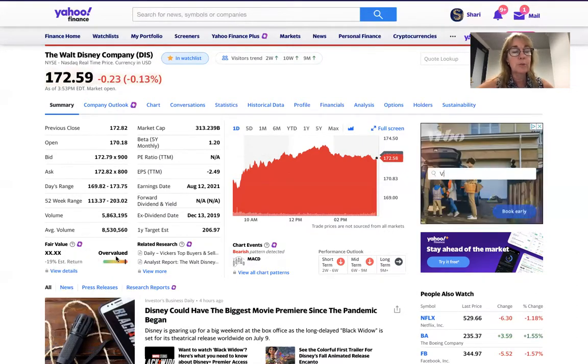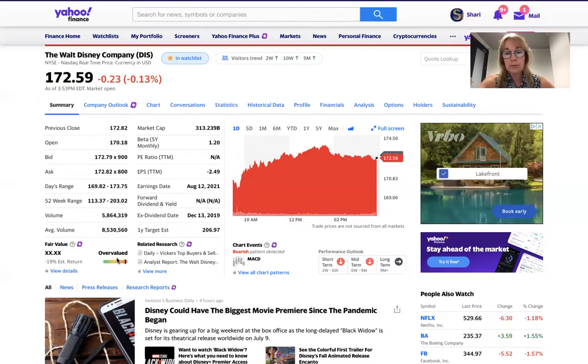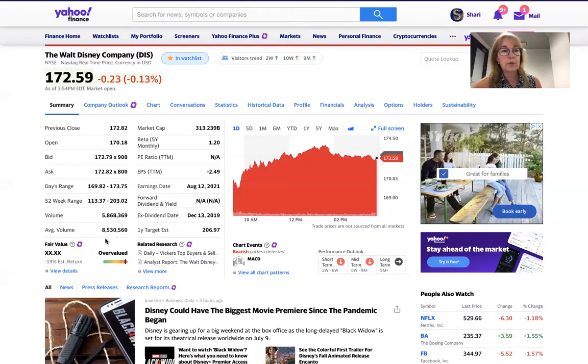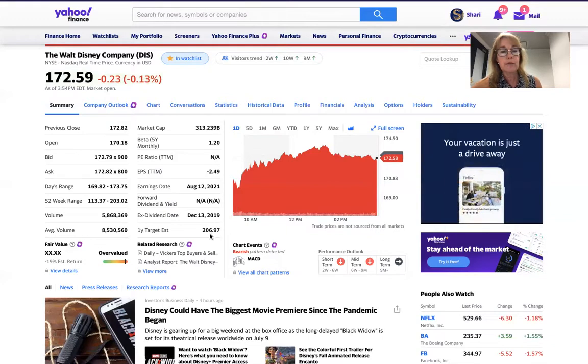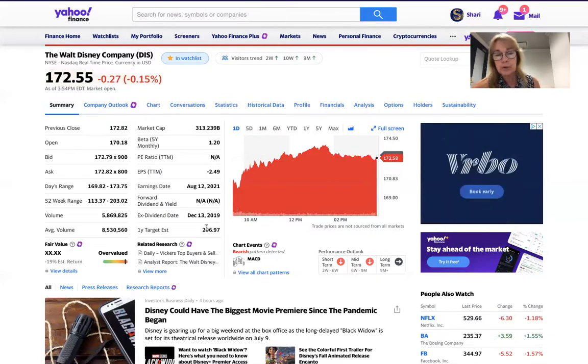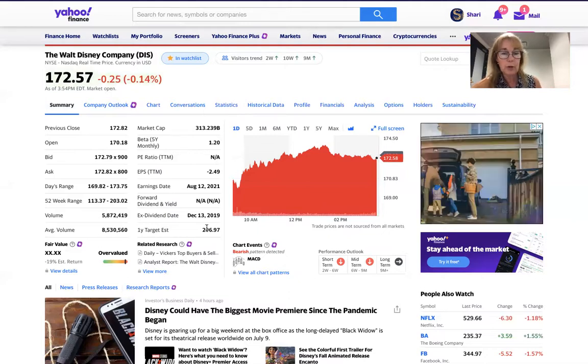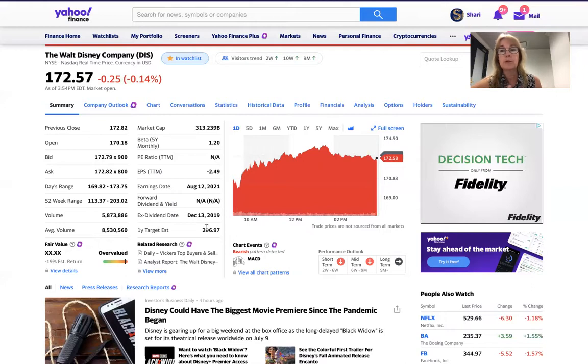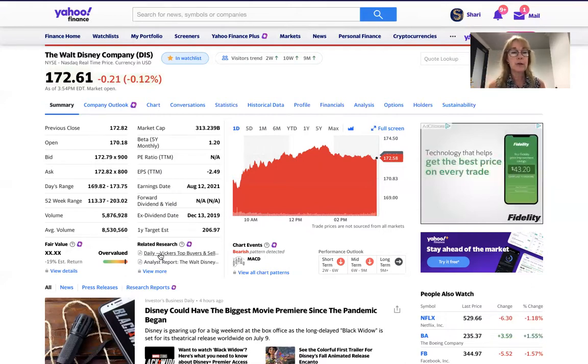This can be all over the place and it's not updated. Now, are we correct? Maybe, maybe not. This is just the average, so this is just one estimate. But based on this estimate, what you can say in your report is you can compare the required return to the expected return and say, based on this, Disney's undervalued and would be a buy. Okay, so that's how you do that.